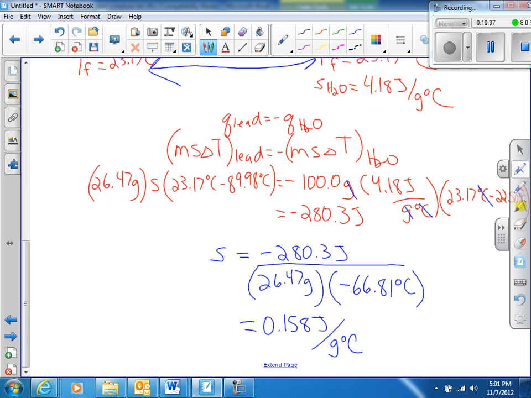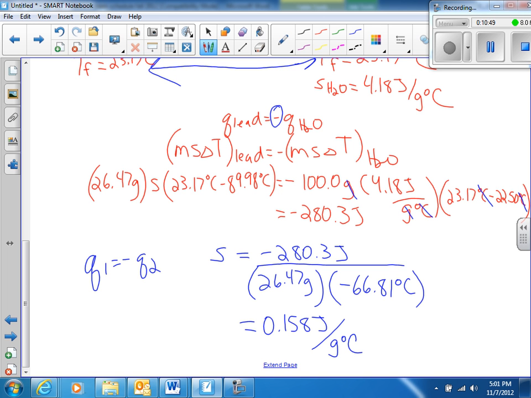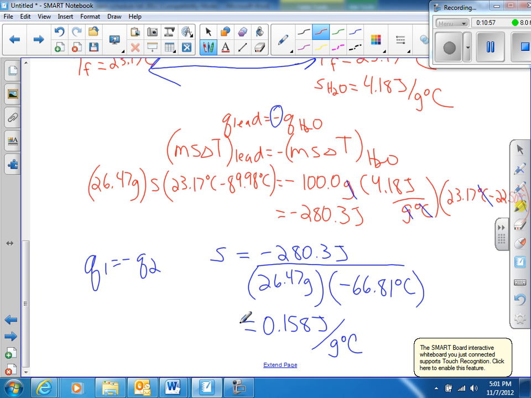One important thing about these, just some things that people often miss. This negative sign right here, Q lead is negative Q water, or the equation Q1 is negative Q2. Never forget this negative sign.